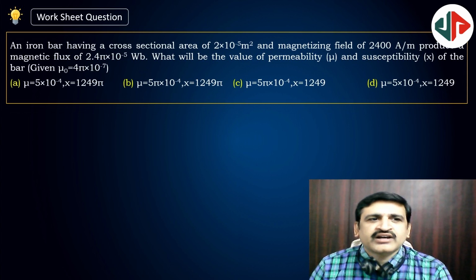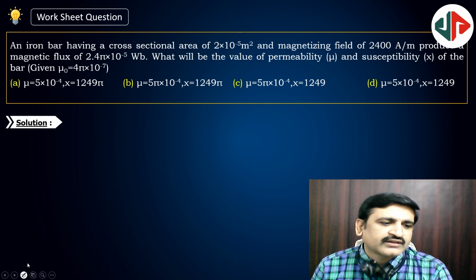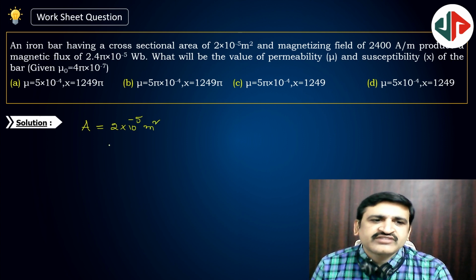An iron bar has a cross-sectional area A equal to 2 into 10 to the power of minus 5 meter square, and a magnetizing field H equal to 2400 ampere per meter.